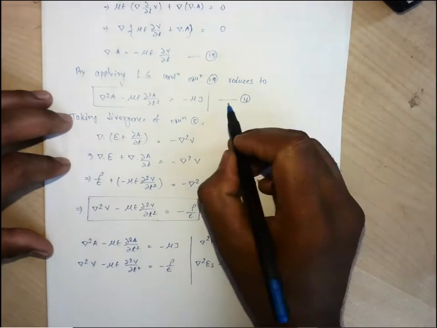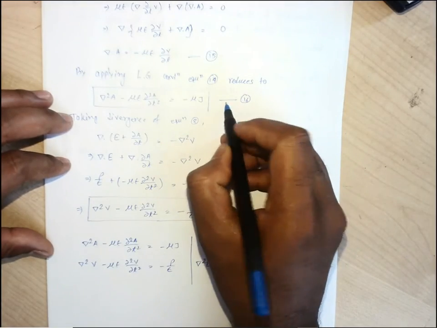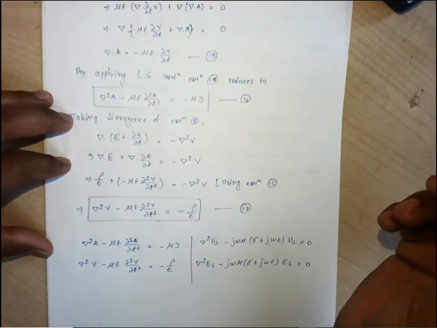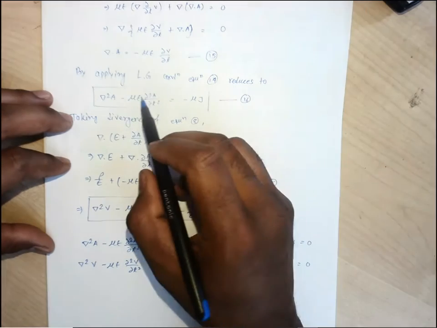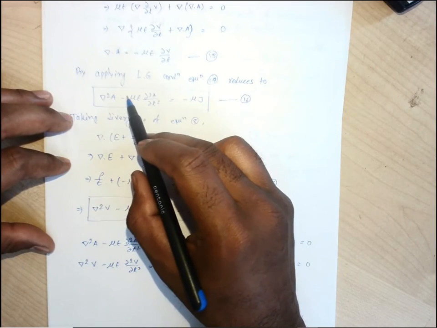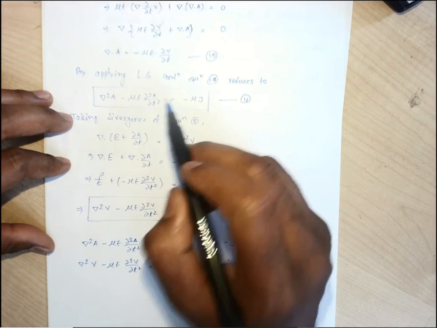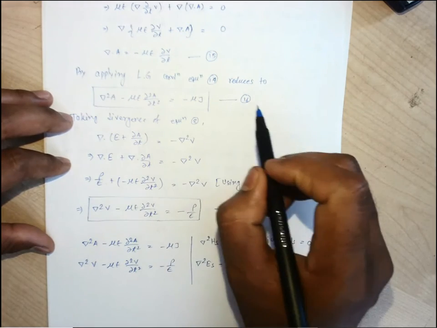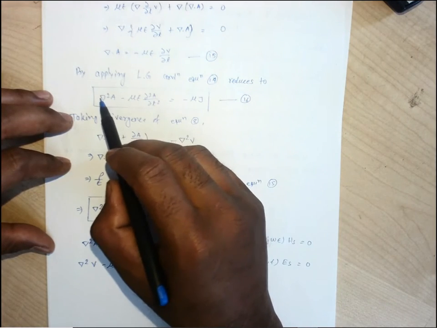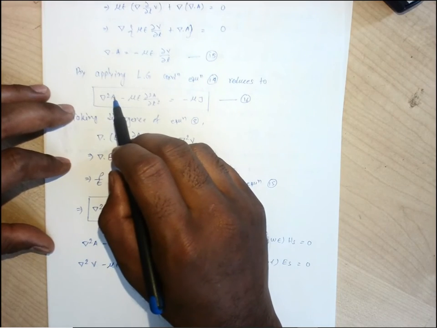In equation 16, this del square operator itself is scalar. So for a given current density, the direction of the magnetic vector potential everywhere in space is the same. This del square operator doesn't have any effect on this vector quantity.